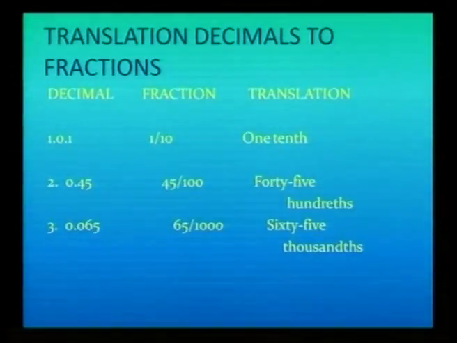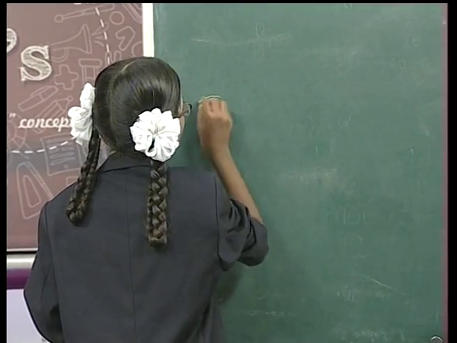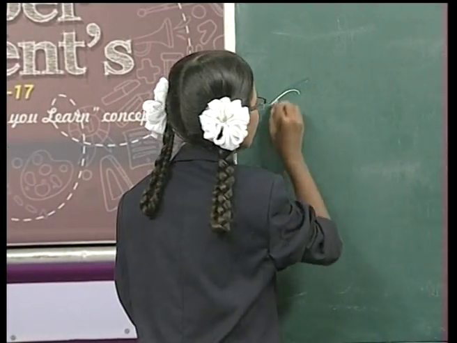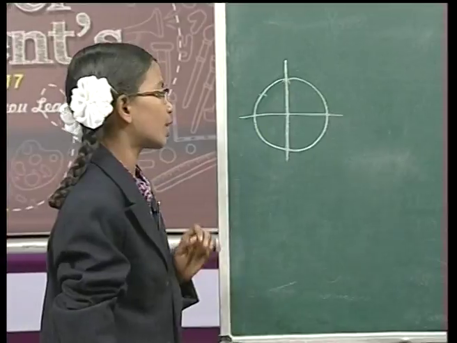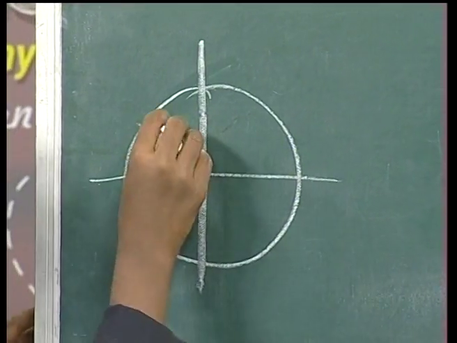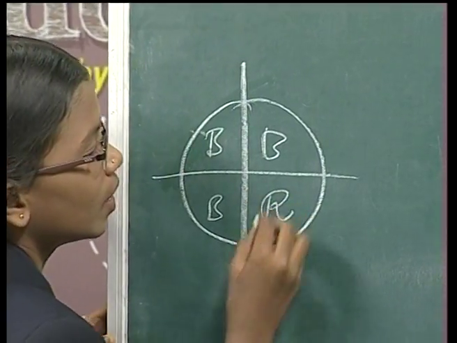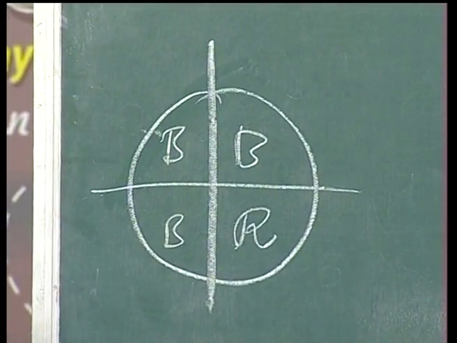Friends, for example, we take a circle. This circle is divided into 4 equal parts, but here 3 are blue and 1 is red. Friends, now let's compare this. How do we compare this?